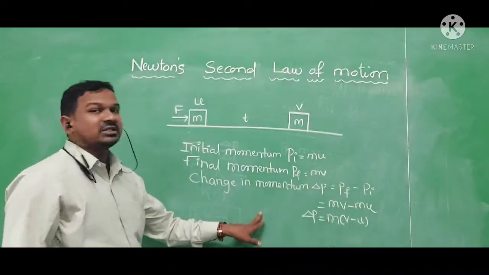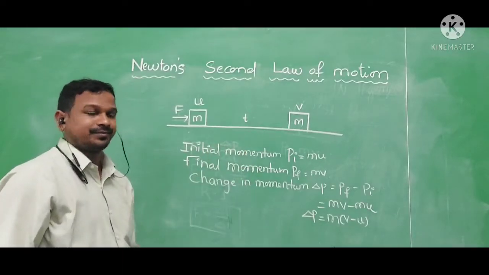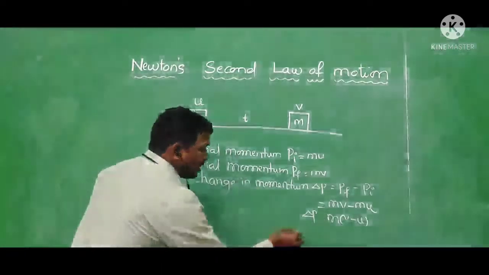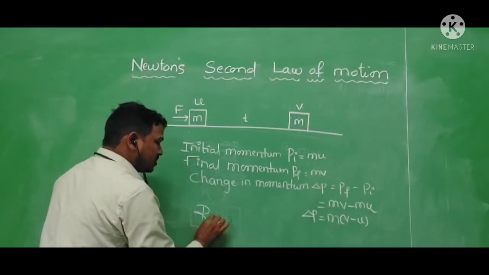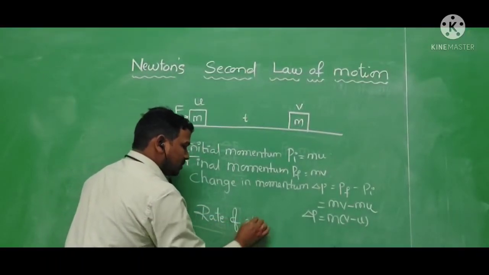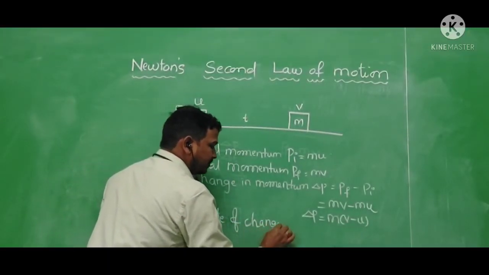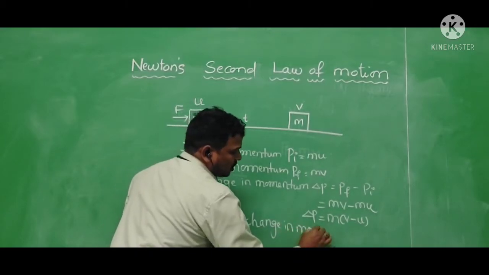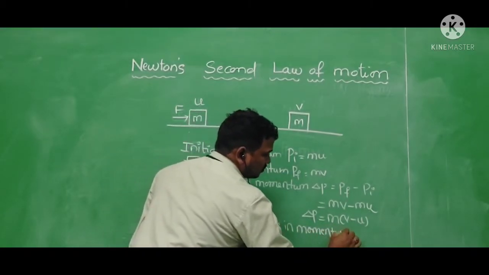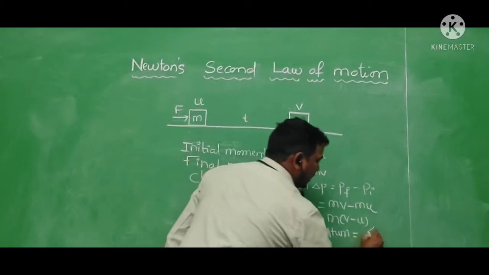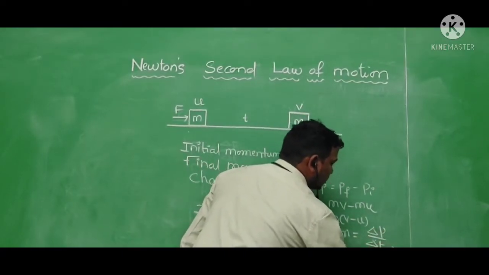This change in momentum is occurring in some time. So the rate of change of momentum is equal to delta p by delta t.